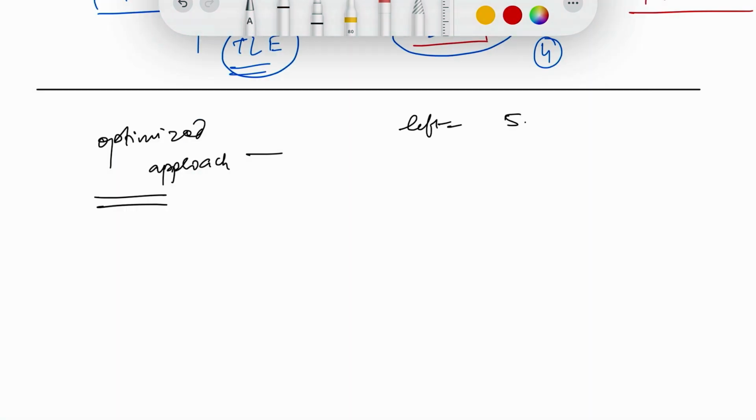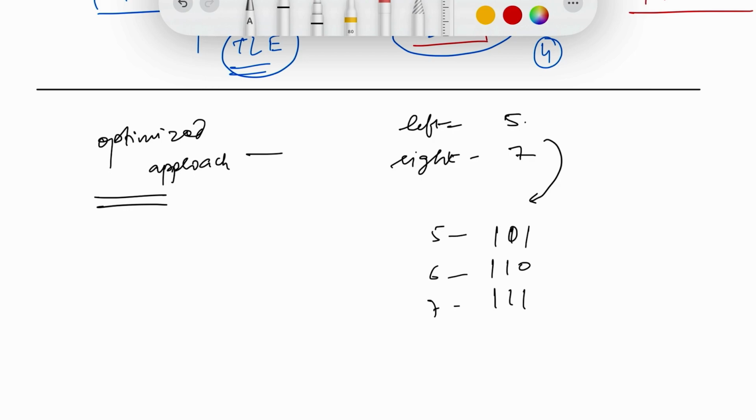Here the left value is 5 and the right value of the range is 7. If I do the binary representation, it is 4 plus 1, that is 5, 4 plus 2, that is 6, and 7, which is 4, 2 and 1. So this is 5, this is 6, this is 7, and this is our left value, this is our right value.